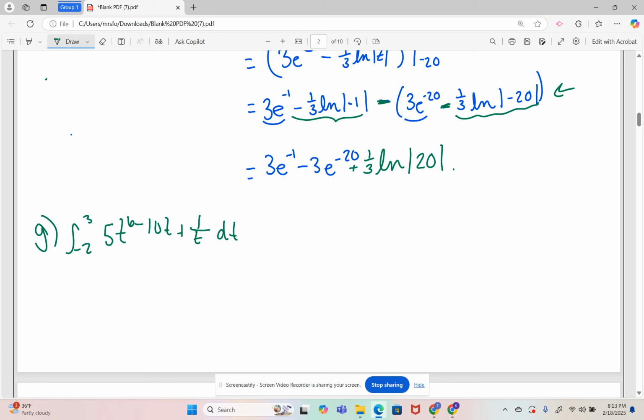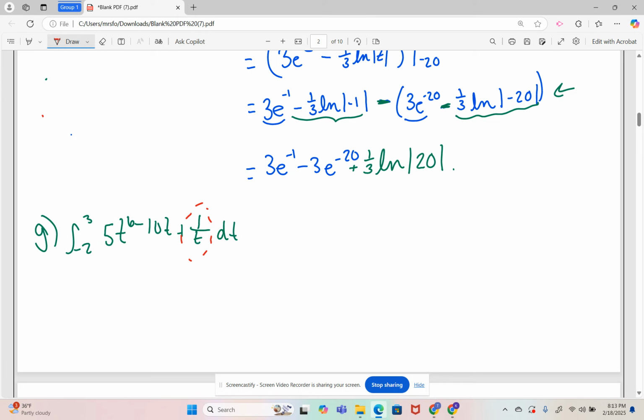All right, so before we start doing this, what you see here is you have a division, and our interval would include 0. So this integral cannot be done because there would be division by 0 in the third term at t equals 0.